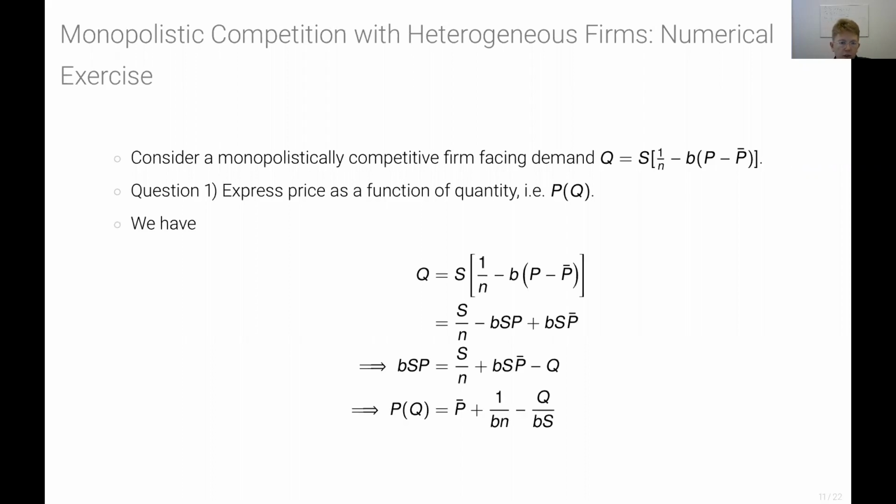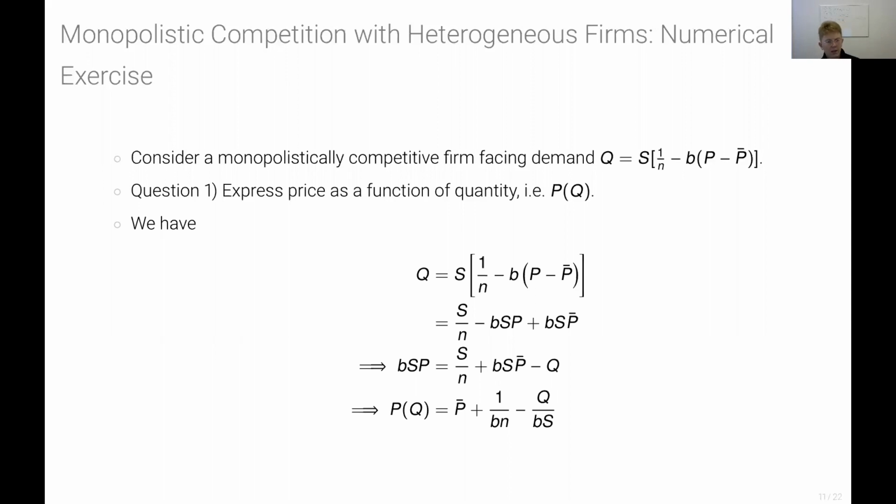Okay, so first we're going to express price as a function of quantity. That's question 1. Starting off with our demand function, we now want to write price on the left-hand side and quantity on the right-hand side. To do that, we multiply everything through by S and carry that out.